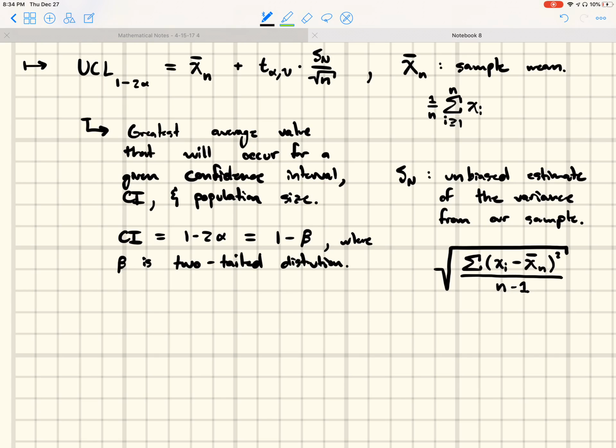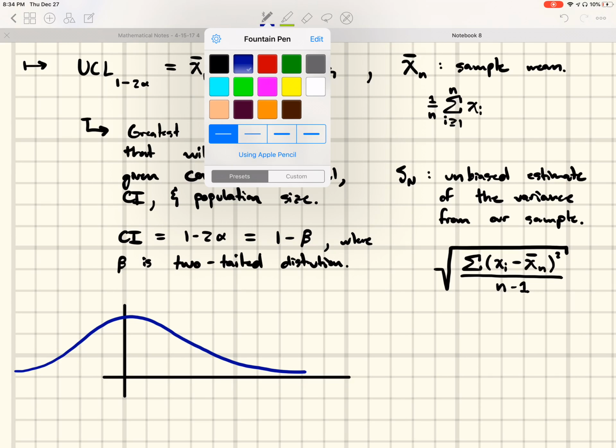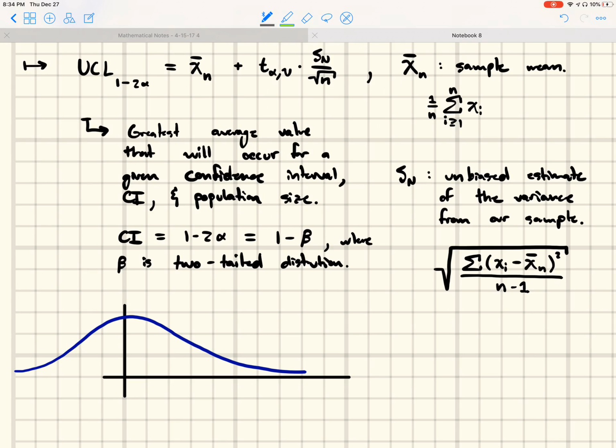And so schematically, what that looks like is like this. We have a distribution, and we have some value here, and some value here.